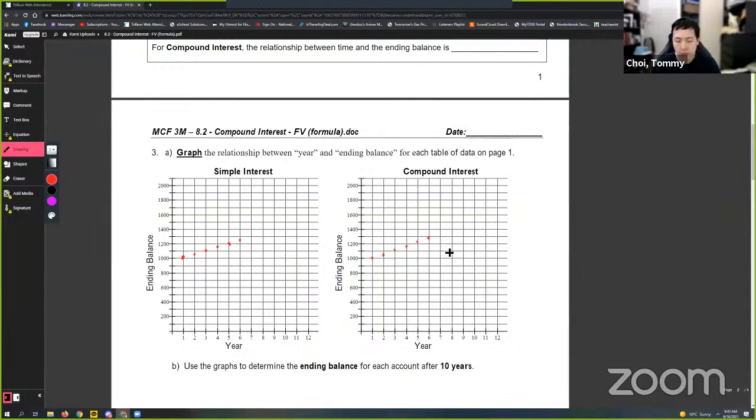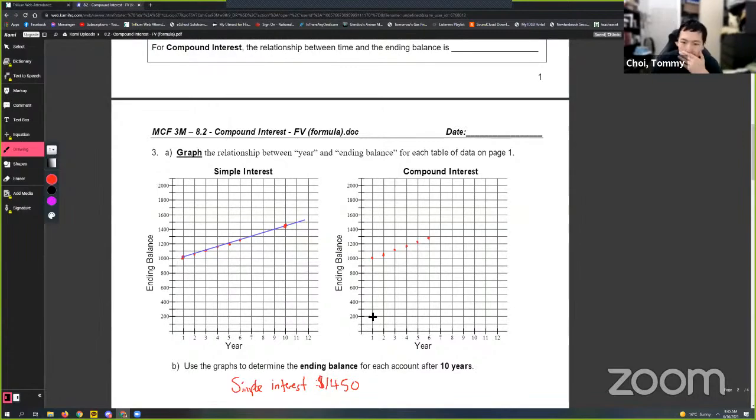And as we continue on and graph these relationships, we can indicate a nice straight line like this, which allows us to find the ending balance at year 10, which is the next question here. For simple interest, it would be 1,450.